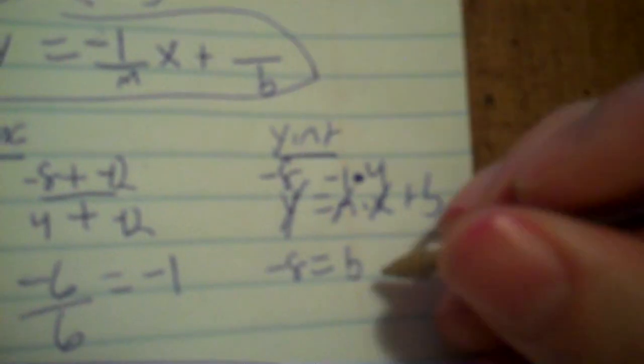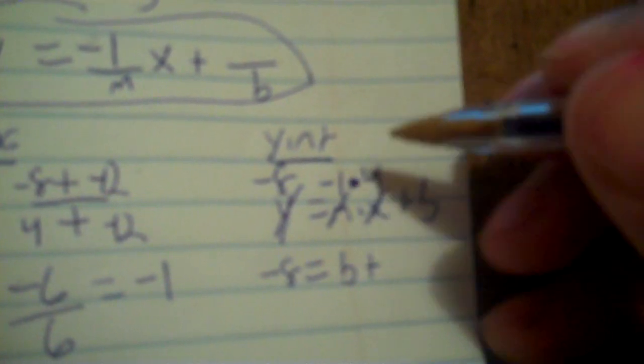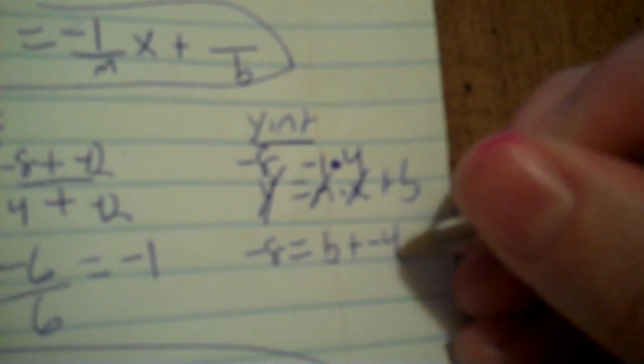So line up your b first. Put your b down first, plus, and then whatever -1 times 4 is. -1 times 4 is -4. So make a wall on the b side, just circle the b, and get your -4 to 0 by adding 4.